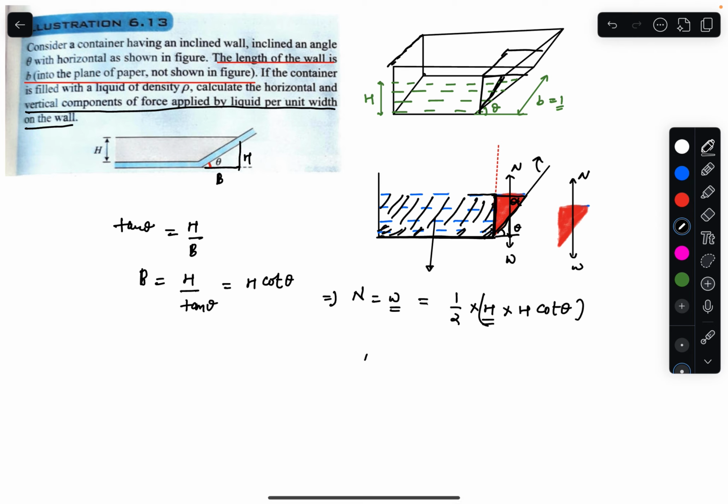I need to calculate per unit width, so I will just take the width value as 1. So this is the volume, and times density gives us the mass, and times g gives us the weight.